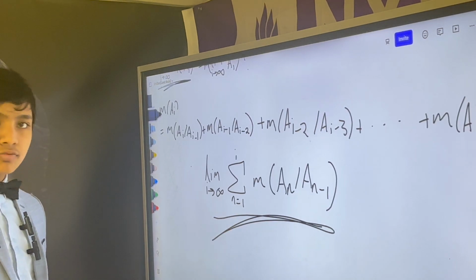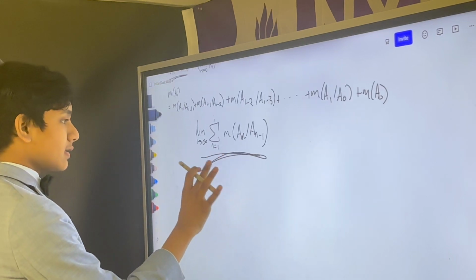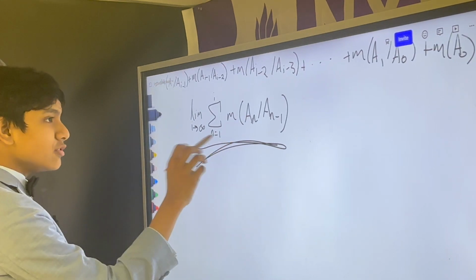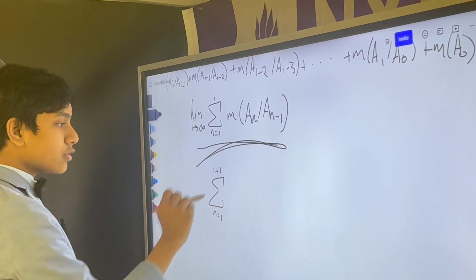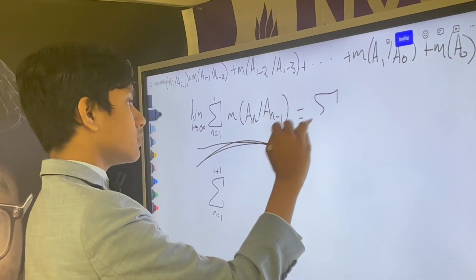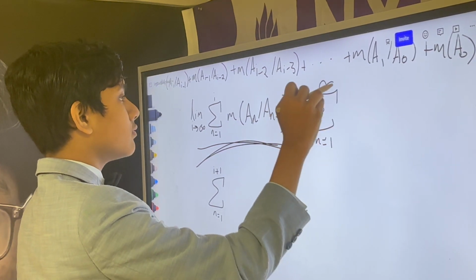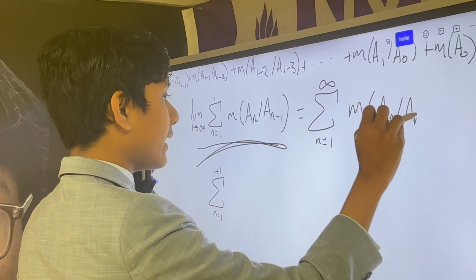Now what do we do with this? Well, you have to realize that as you increase this, you're going to be adding progressively smaller and smaller terms. So this is the sum from n equals 1 to infinity of m of A_n without A_{n-1}.